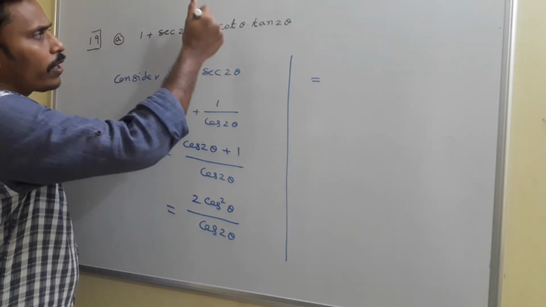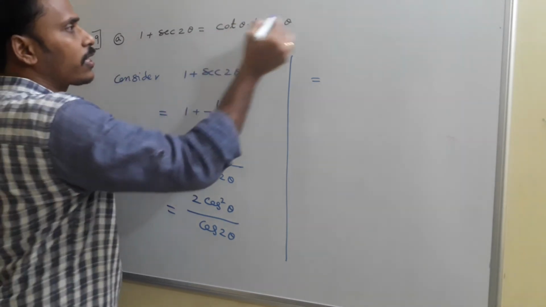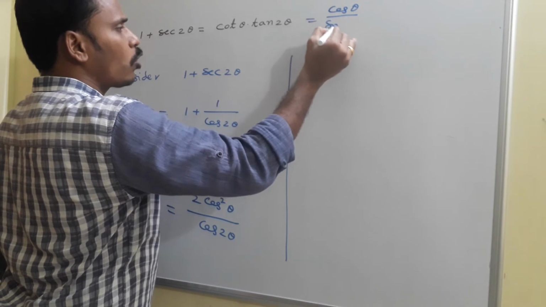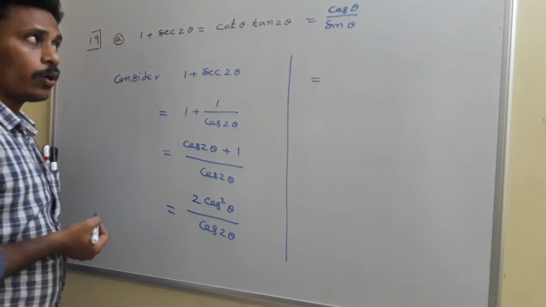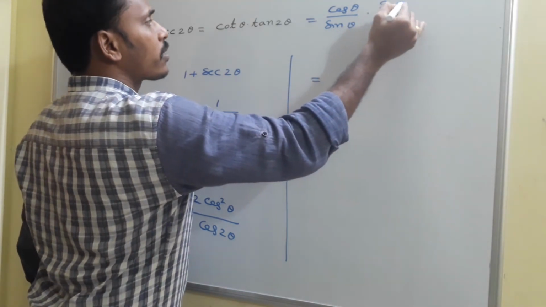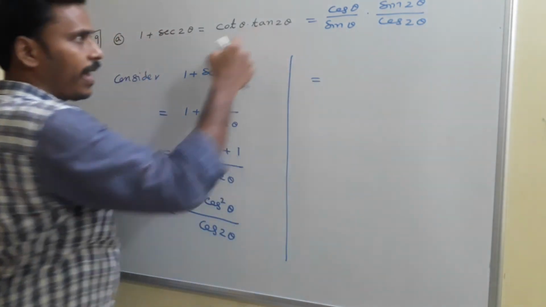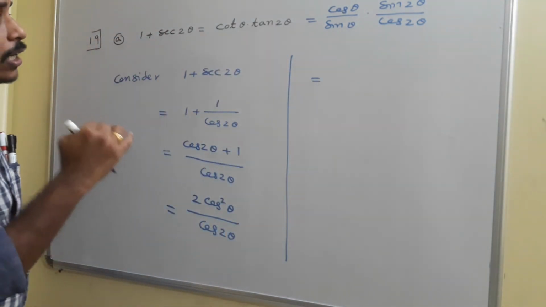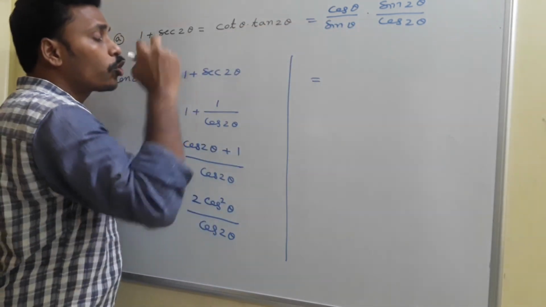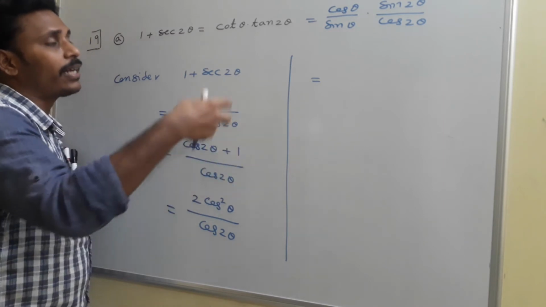Cot theta is nothing but cos theta by sin theta, I think you all know it, and tan 2 theta is nothing but sin 2 theta divided by cos 2 theta. Tan is sin by cos and cot is cos by sin. So this product is nothing but this product, and we have to try to make that product here.